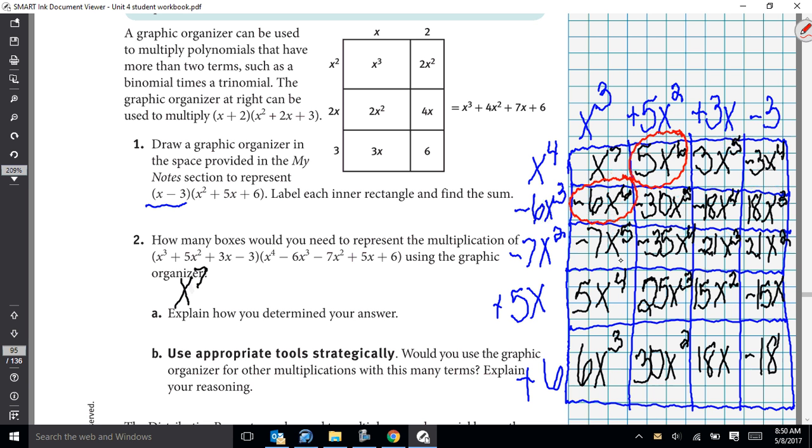Do I have x to the 6th anyplace else? Alright, so how many? I have negative 6x to the 6th plus 5x to the 6th. So how many x to the 6th do we have? I have negative 6, and then I add 5.